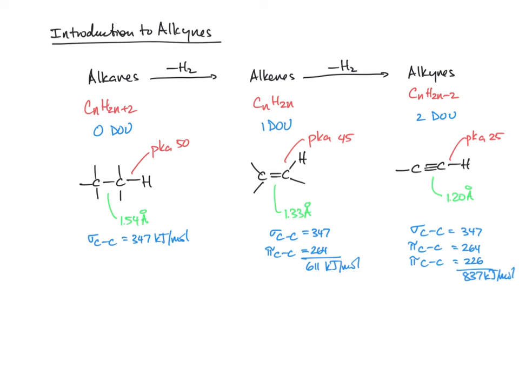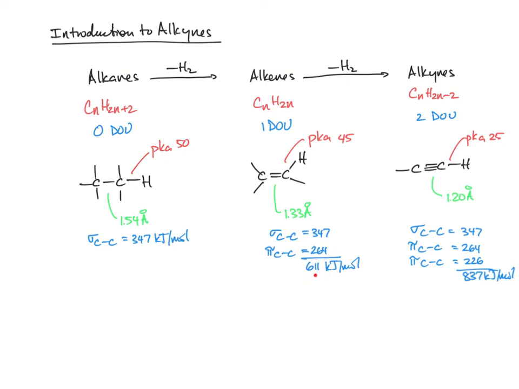Notice the bond length shrinks from 1.54 to 1.33 angstroms, and the reason is that you have increased electron density between the two carbons now, so they're more attracted to one another. The bond length decreases. If we use the respective 347 for the sigma bond, the pi bond adds 264 kilojoules per mole.